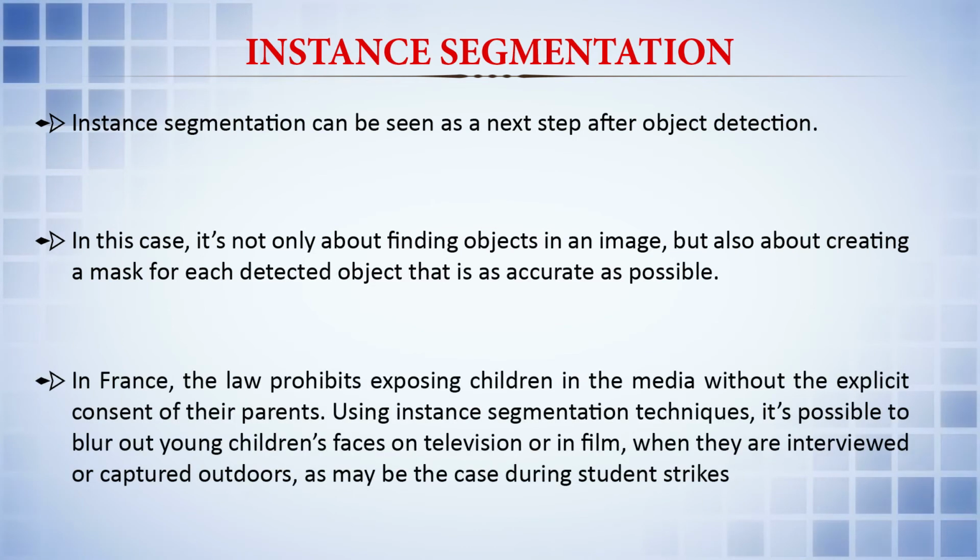In France, the law prohibits exposing children in the media without the explicit consent of their parents. So using instance segmentation techniques, it's possible to blur out young children's faces on television or in films when they are interviewed or captured outdoors, as may be the case during student strikes.